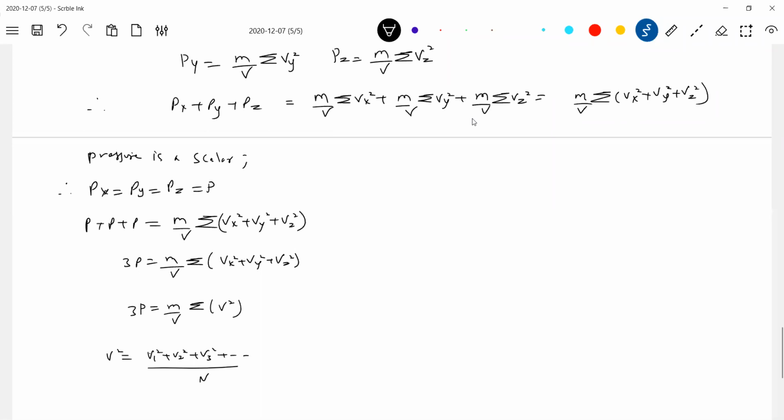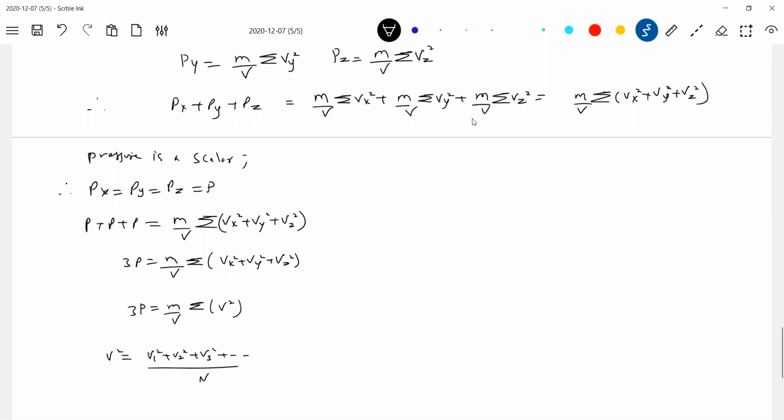So this particular quantity, what is summation of v square by n? Anybody wants to interpret? Sir, mean of velocity square. Mean of velocity squares, yes.